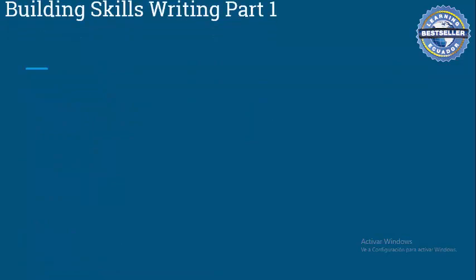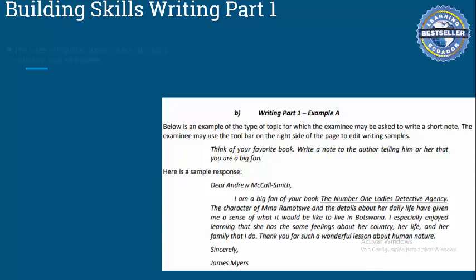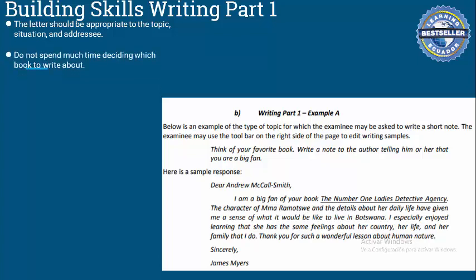Let's go on. Now, some skills for writing Part 1. The letter should be appropriate to the topic, situation, and addressee. Do not spend much time deciding which book to write about. Pick an enjoyable book and think about what makes it enjoyable.